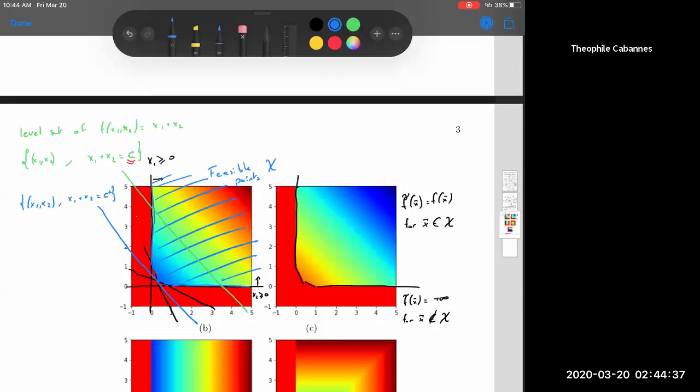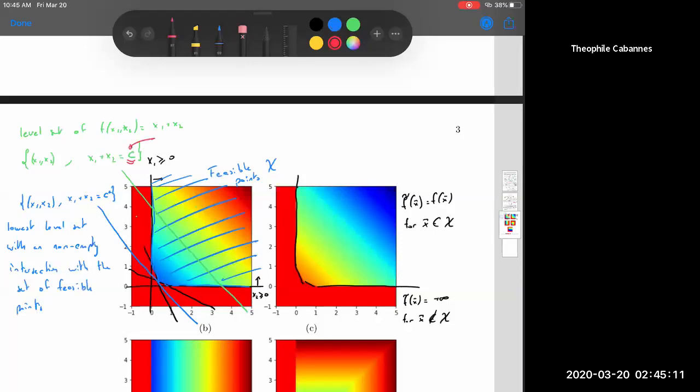This is the lowest level set with a nonempty intersection with the set of feasible points. So you have a level set of your function.